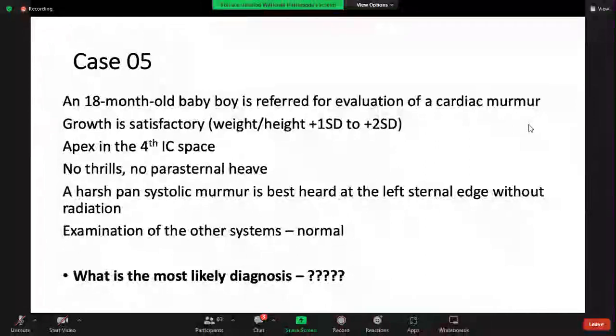As I mentioned before, we address the preload, afterload, and the contractility. The medications we use in adults and pediatrics are a little bit different. Usually we go for diuretics and ACE inhibitors, very rarely digoxin, but we don't use GTN. Right. Thank you.